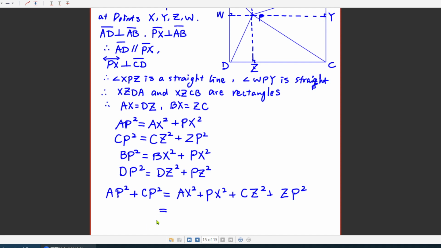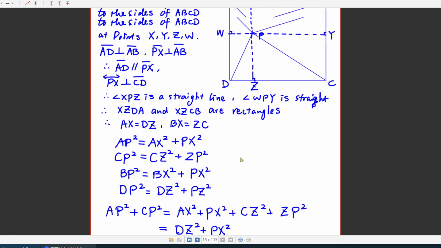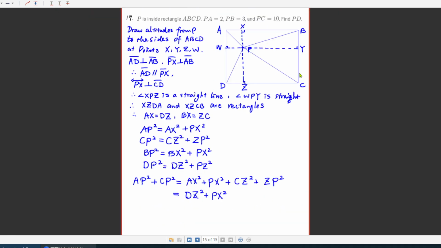Which equals DZ squared plus PX squared, because AX equals DZ, right? Plus CZ is XB, so that's BX squared plus PZ squared.